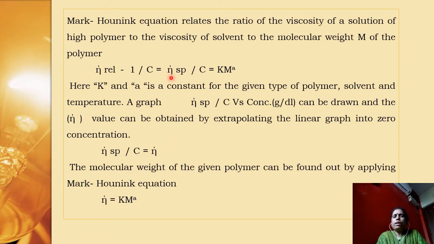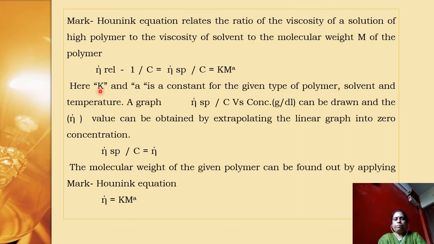According to the Mark-Houwink equation, which relates the viscosity of a high polymer solution and the viscosity of the solvent to the molecular weight M, eta relative minus 1 by C, which is eta specific by C, is equal to K into M power a.